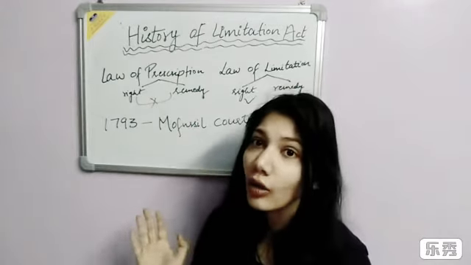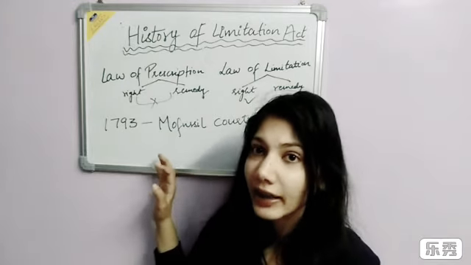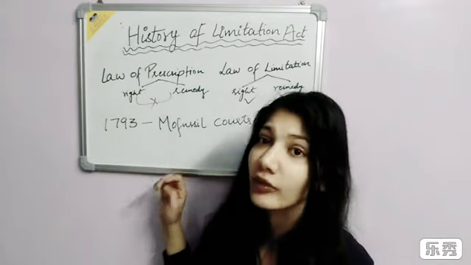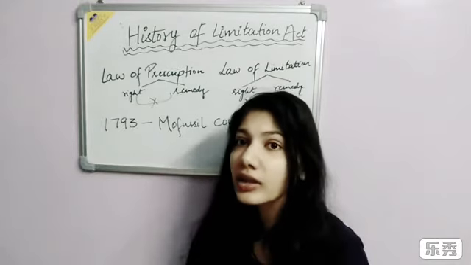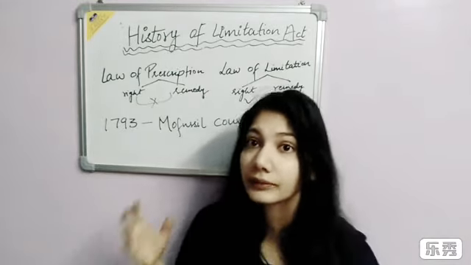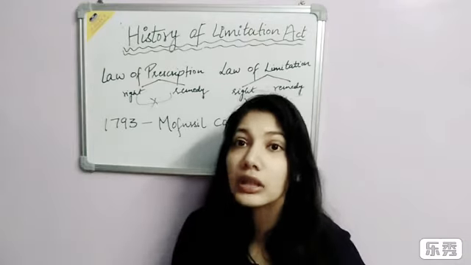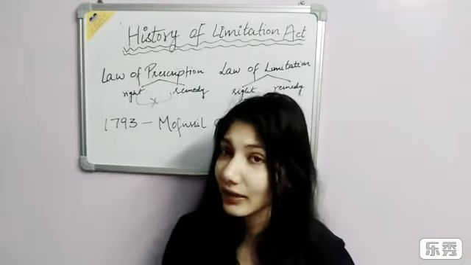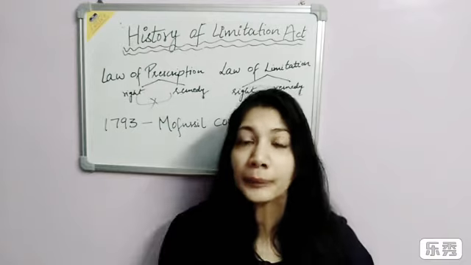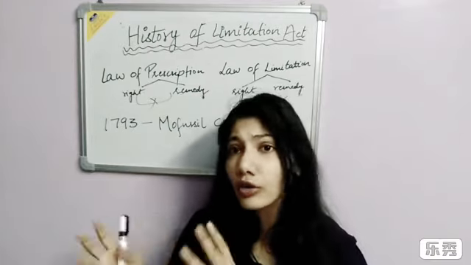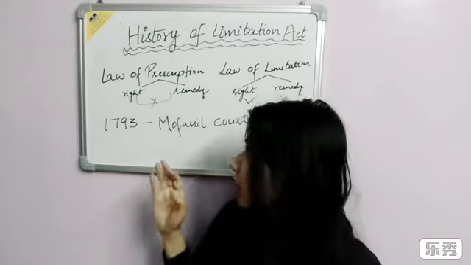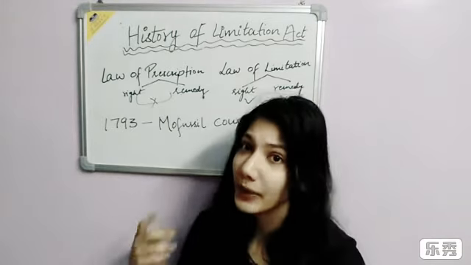In the Mofussil courts, the law related to limitation administered by the regulations was followed, but in the presidency towns, that is Bombay, Madras and Calcutta, they followed only the English law of limitation. So there was no uniformity in the Mofussil courts and the presidency towns.